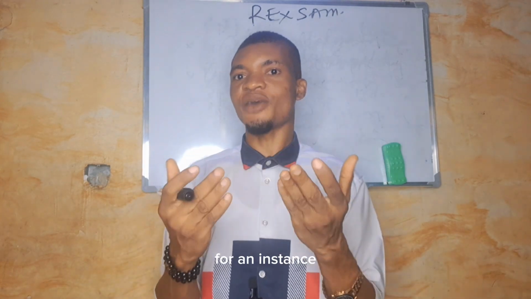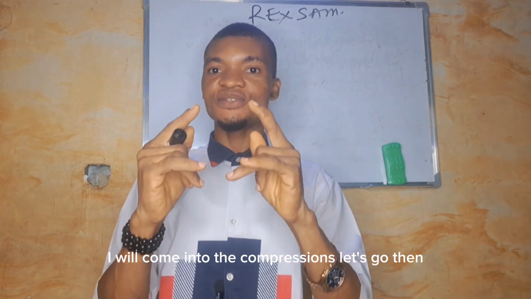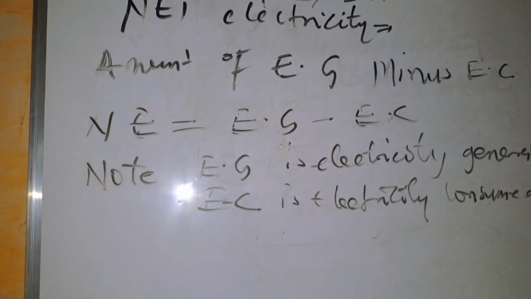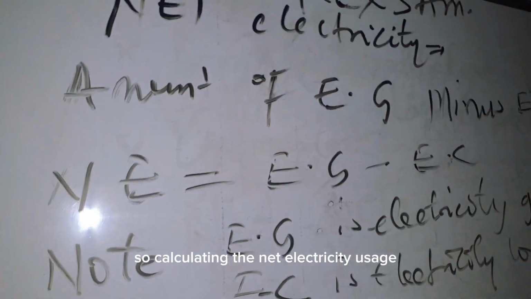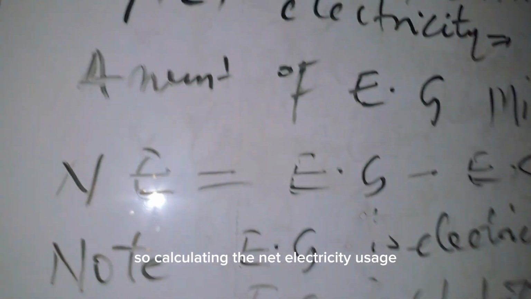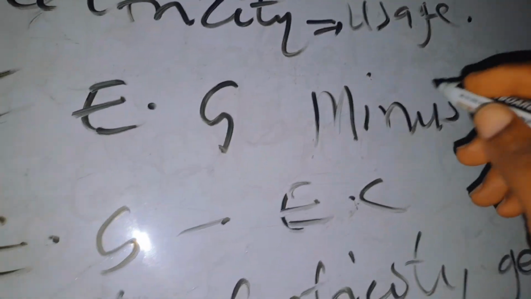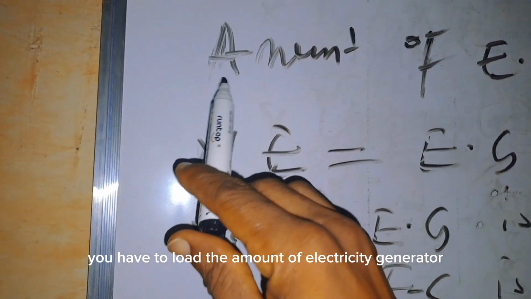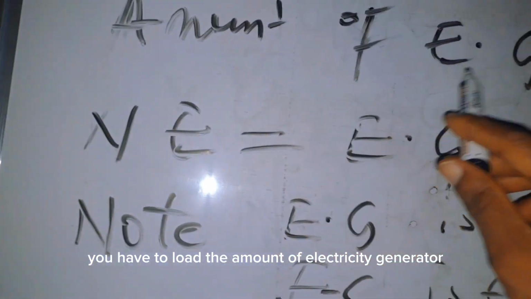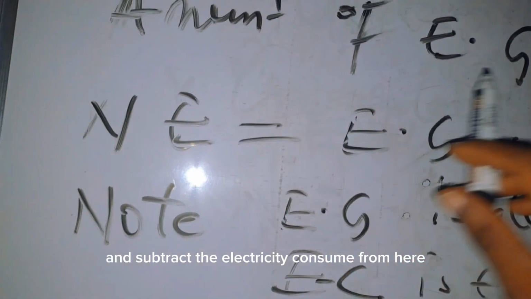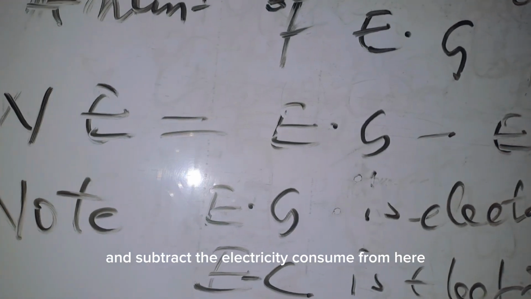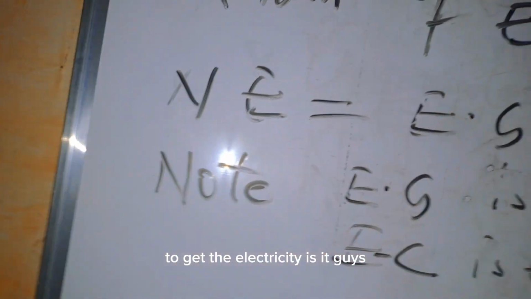For instance, I will come into the calculations. Let's go there now. So calculating the net electricity usage, you have to note the amount of electricity generated, then subtract the electricity consumed from it to get the electricity usage.